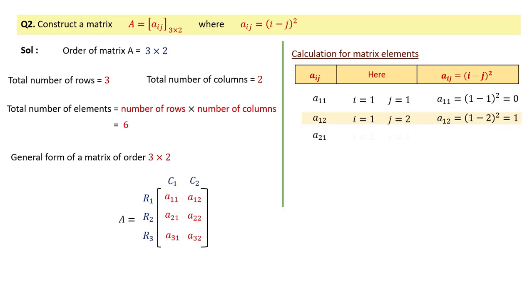In A21, i is 2, j is equal to 1. Put i is equal to 2 and j is equal to 1. In Aij, we get A21 is equal to 1. Similarly, we will get remaining elements.